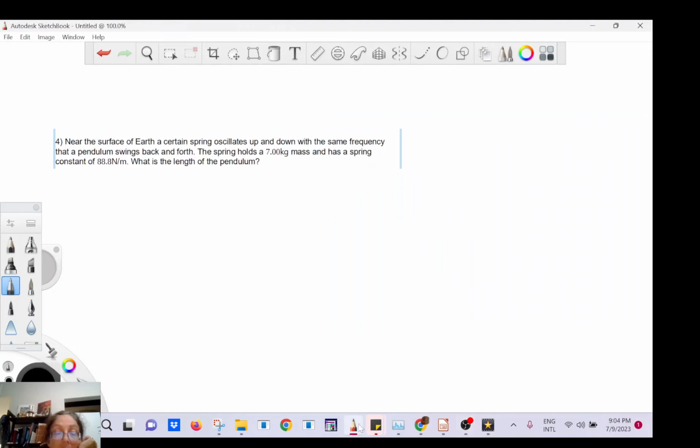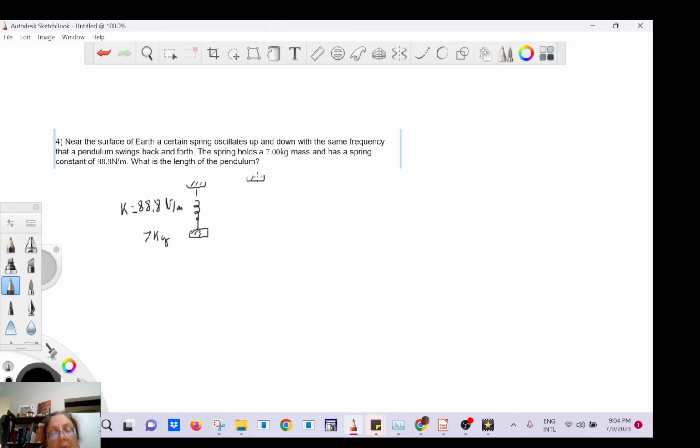Okay, so the next one is interesting. You have a spring that is oscillating here. And it says 7 kilogram. And the spring constant is 88.8 Newton per meter.